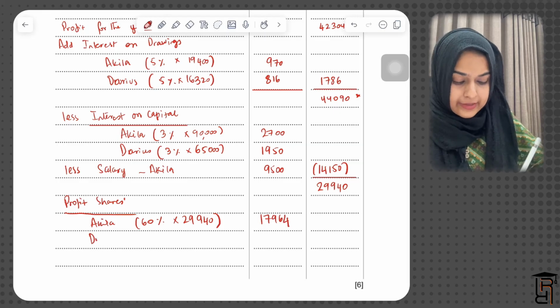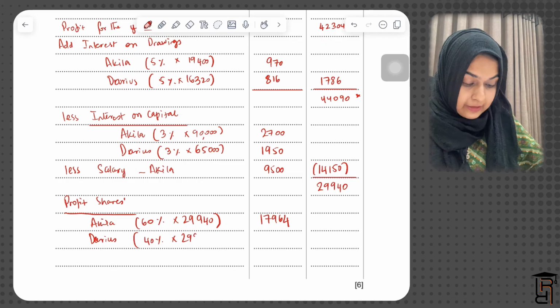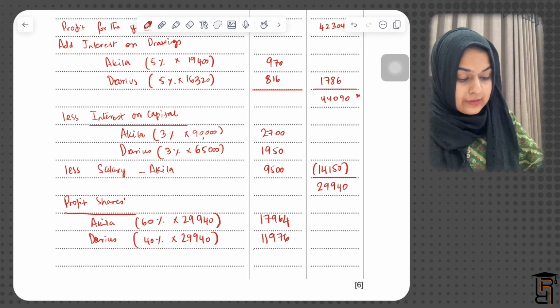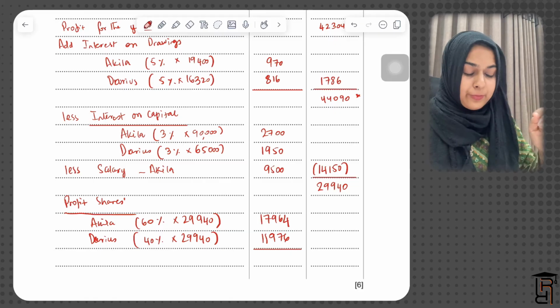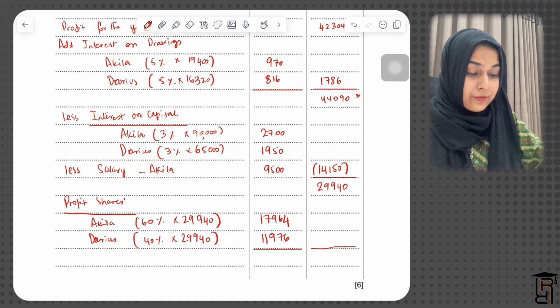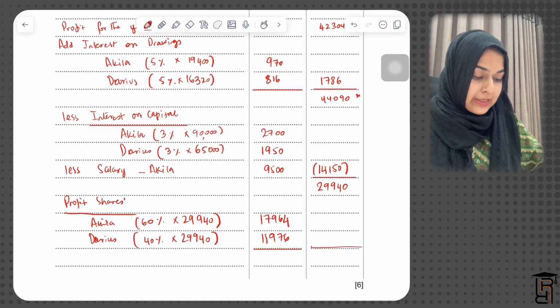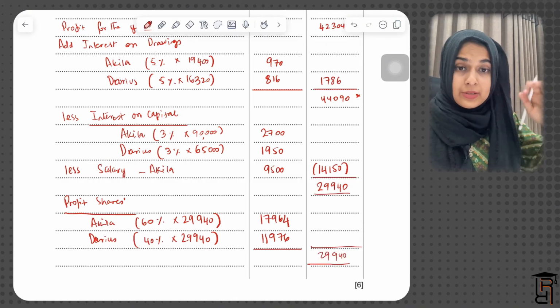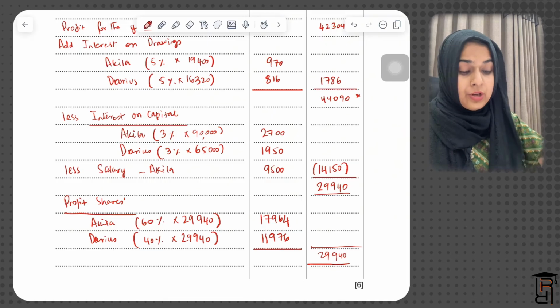Then Darius: 40% of 29,940 comes out to be 11,976. So after the profit appropriations, both of these add up to 29,940, which is divided 60% to Akila and 40% to Darius.